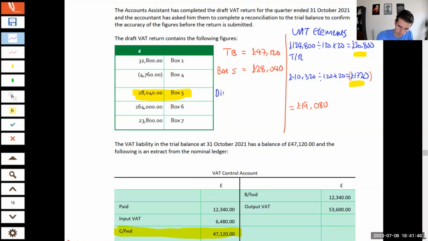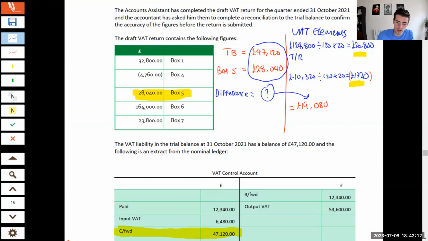Now, the final piece of the puzzle is if I look at these two figures here and ask myself, what is the difference and does it agree? Because if the difference between these figures agrees, then I'm pretty much there in terms of finding this out.